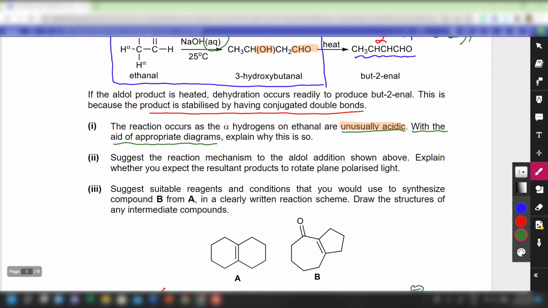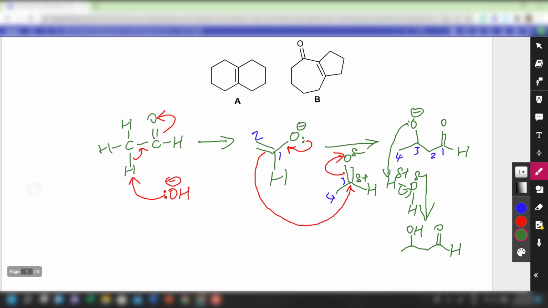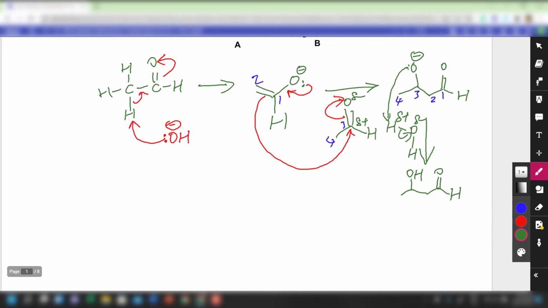And then you are asked to explain whether the resultant product is able to rotate plane polarized light. You notice that a chiral center is being produced here, but I do not expect it to rotate plane polarized light. Why is that the case? If you recall from your H2 topic 17 on carbonyl, as well as our H3 lecture notes on reaction mechanism, the nucleophile approaches the carbonyl carbon from the top and bottom plane with near equal probability.